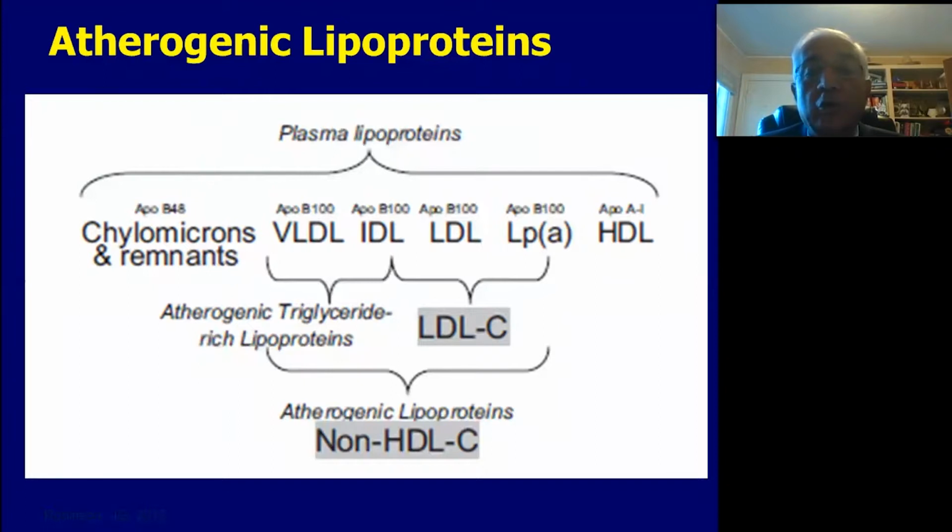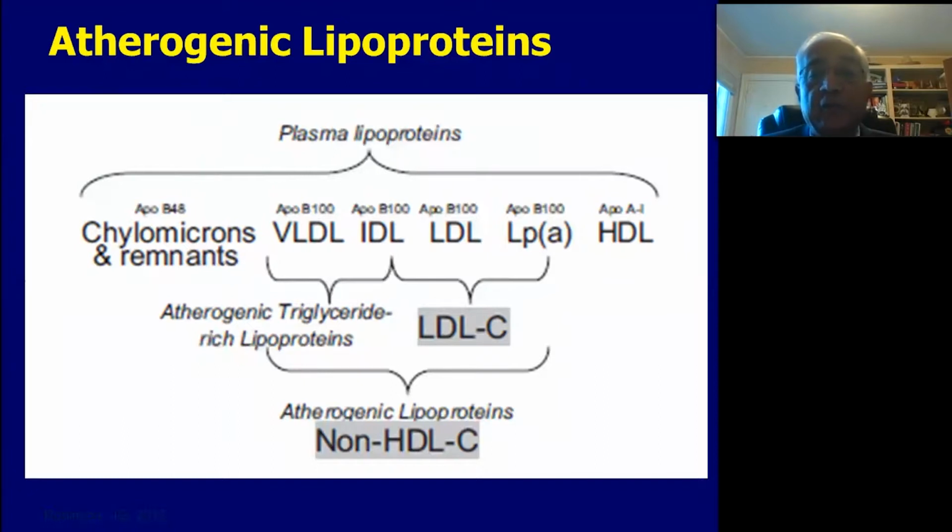But if you measure total cholesterol and you order triglyceride and HDL, as we often do in clinical practice, then you can simply calculate non-HDL by subtracting HDL from the total cholesterol. So indirectly, it is a rough way to measure all the lipoproteins, which are not easy to measure clinically.